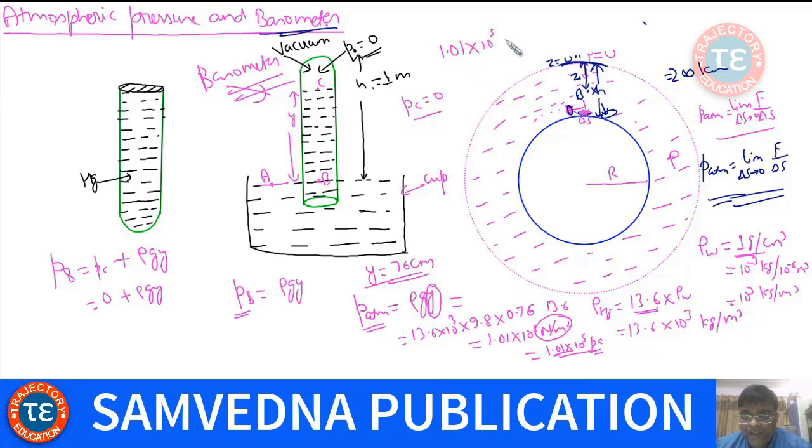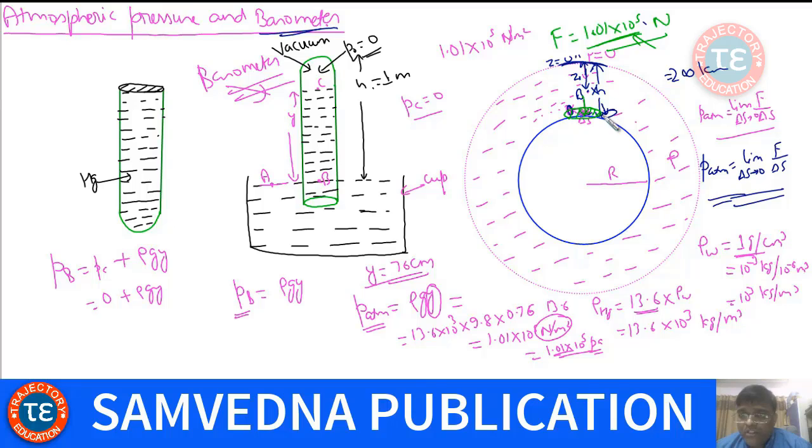See, 1.01 into 10 to the power 5 Newton per meter square means what? If I have an area of 1 meter square, then on this area you have a force of 1.01 into 10 to the power 5 Newton acting, and this is a great force.